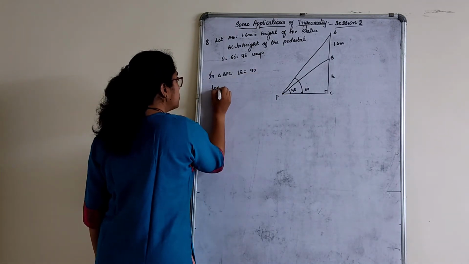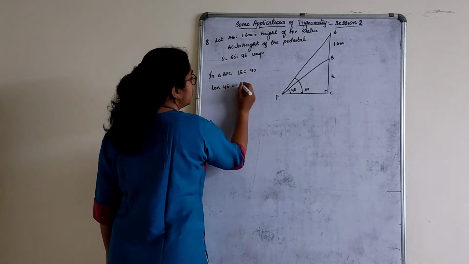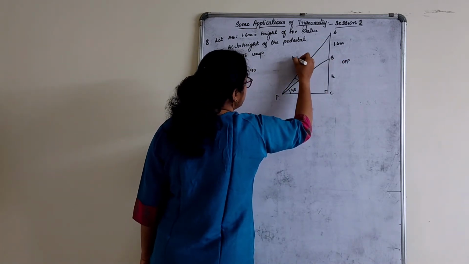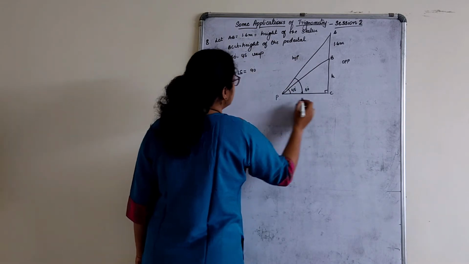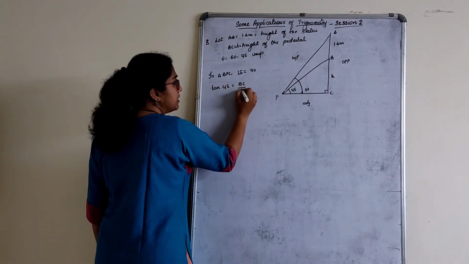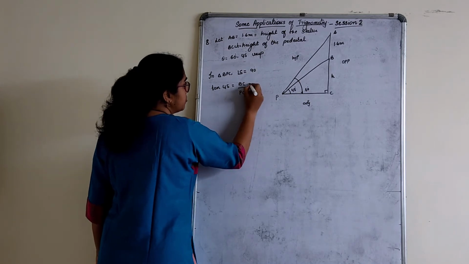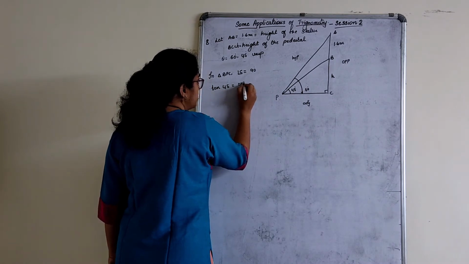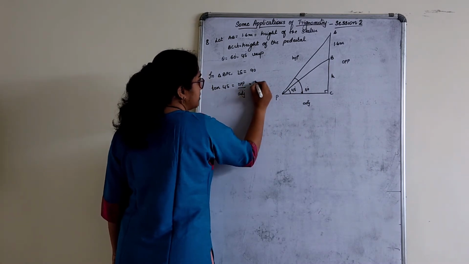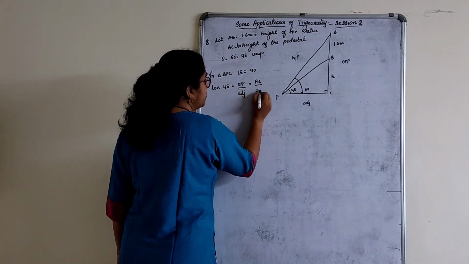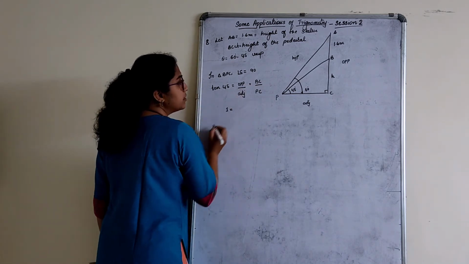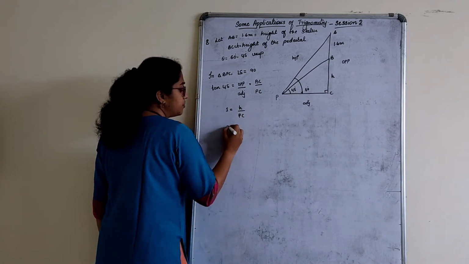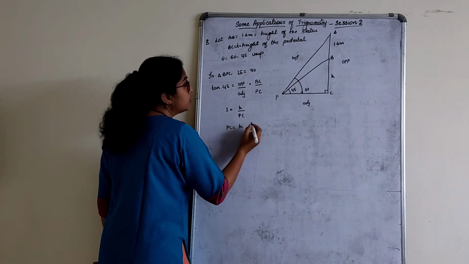So tan 45 is equal to opposite upon adjacent, that is BC upon PC. Tan 45 is 1, so BC is nothing but H upon PC. Therefore, PC is also equal to H meter.